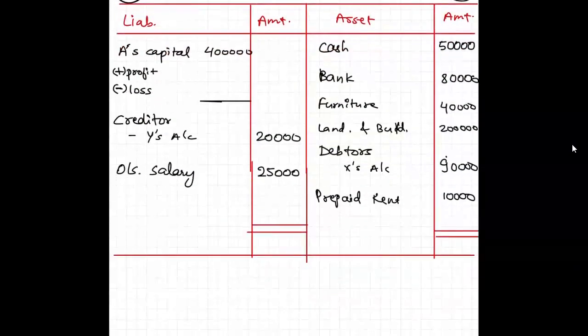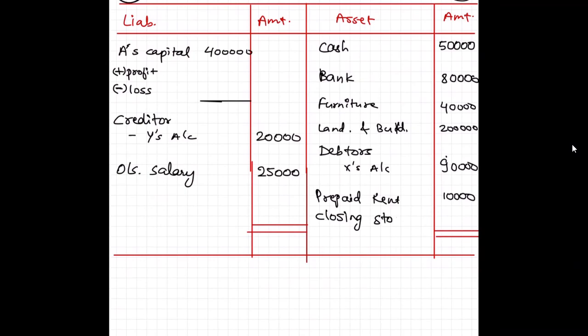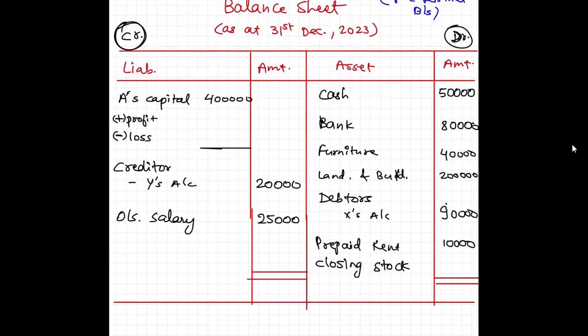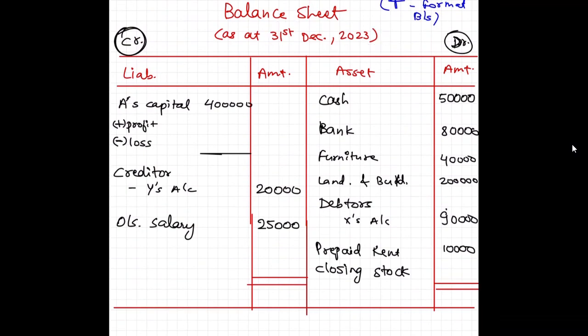And same time I will write in my balance sheet as my closing stock, or you can just write stock, because balance sheet is being prepared at the year end. So this would obviously be closing stock. How much is the stock? It is 5,000. So I have given the two effects of this.